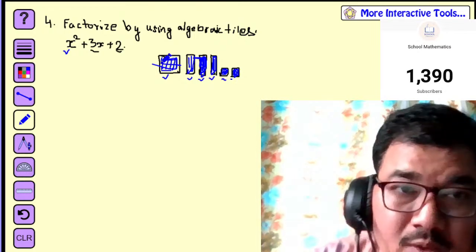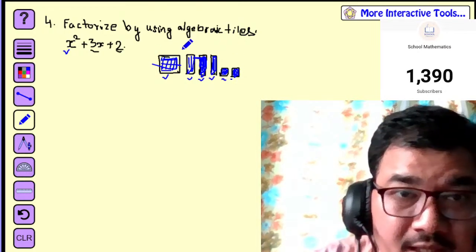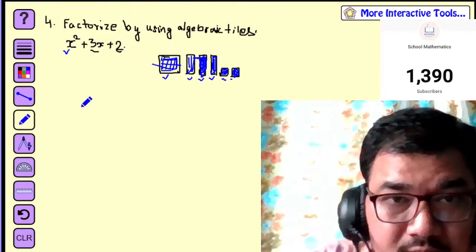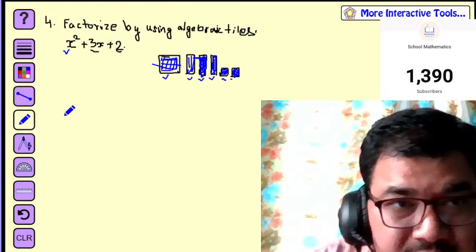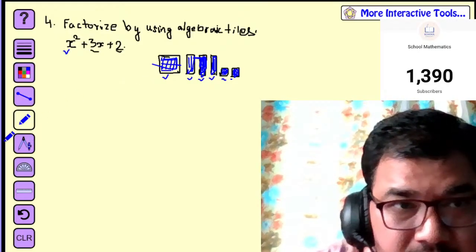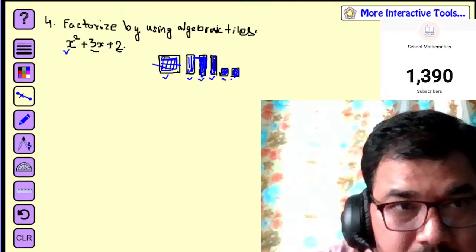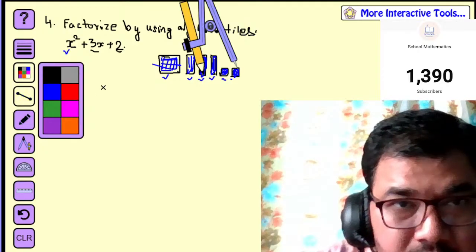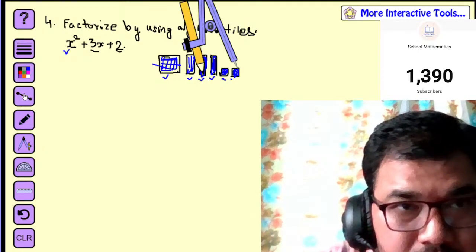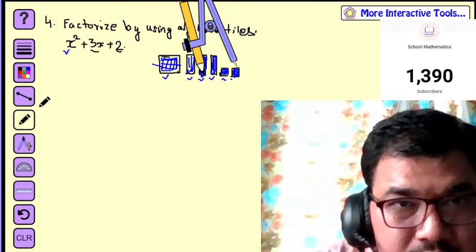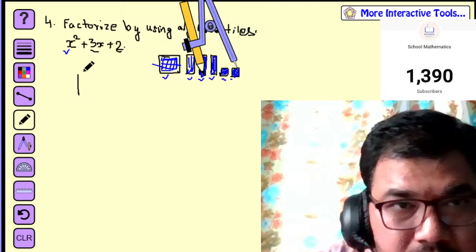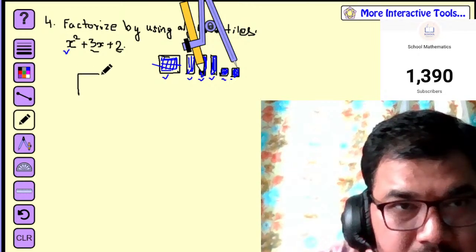Now we are going to arrange these tiles like this arrangement. Look here. First of all, we have to bring this big square tile here.